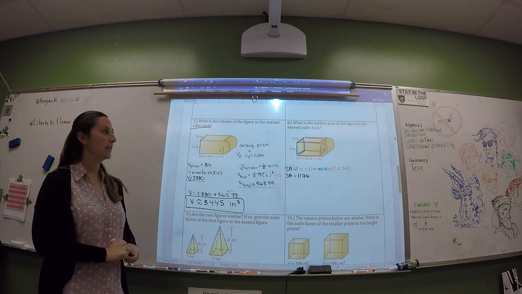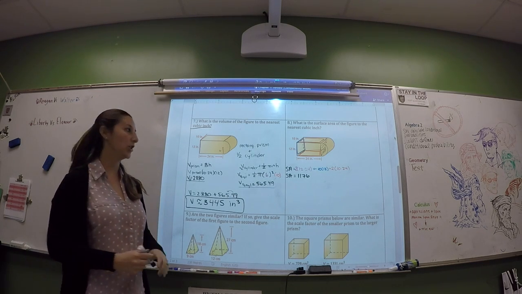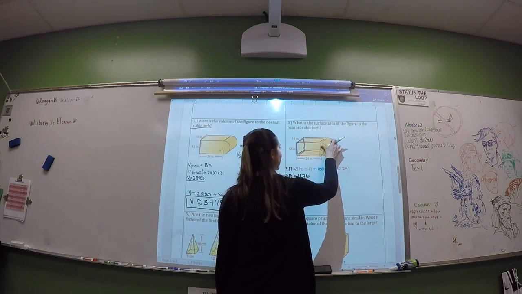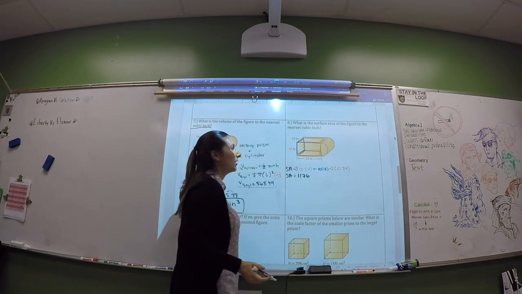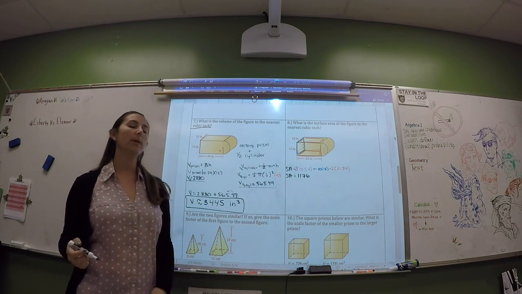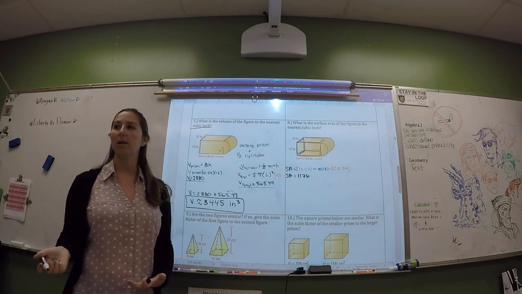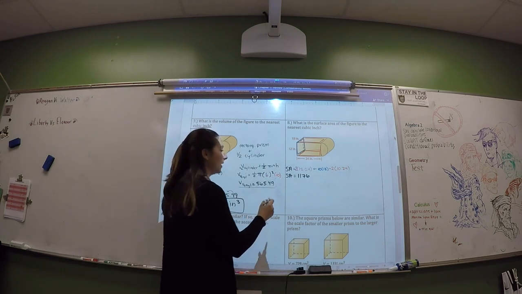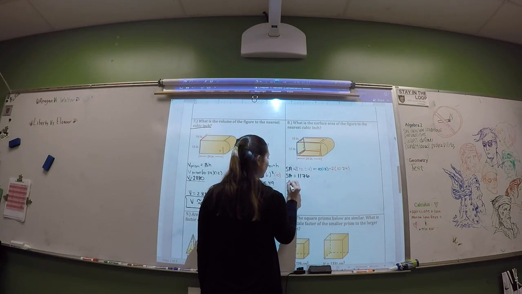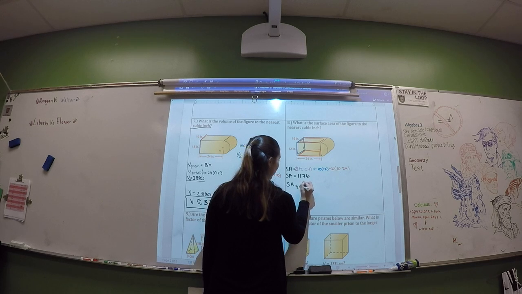But then the other part of this that's attached to that is this cylinder. Now the nice part about the cylinder is we really do just have half of a cylinder. So since we have half the cylinder, we can do surface area for half of a cylinder.